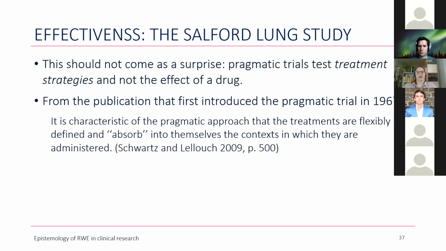These trials have been advocated from the very beginning to test treatment strategies and not the effect of a drug. So if we look at the very first publication that in fact introduced the term pragmatic trial from Schwartz and Lellouch in 1967, they write, "It is characteristic of the pragmatic approach that the treatments are flexibly defined and absorb into themselves the context in which they are administered."